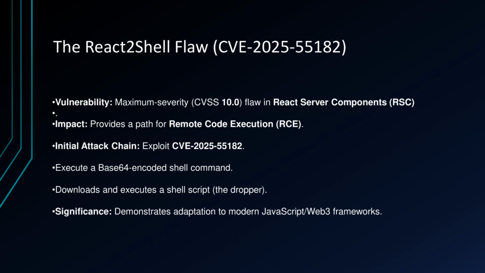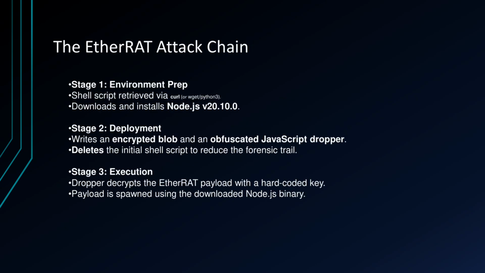The initial attack chain involves exploiting the flaw, executing a base64 encoded shell command, which then fetches and executes the next stage shell script. The choice of targeting RSC demonstrates the attacker's ability to adapt to modern JavaScript and Web3 frameworks.